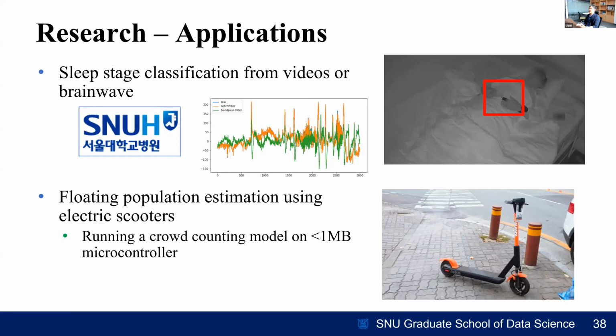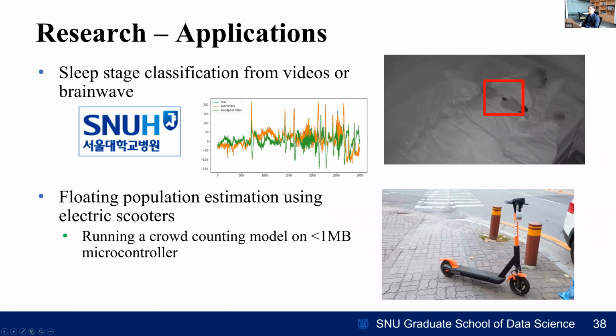There are numerous electric scooters in the city, and by gathering the number of people from each scooter, maybe we can have a floating population map, which KT or SKT provides by using smartphone-based information.